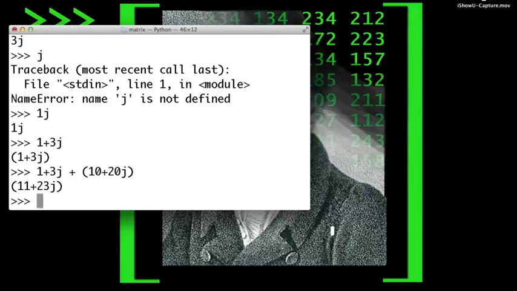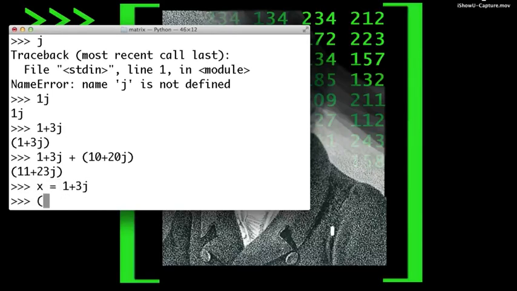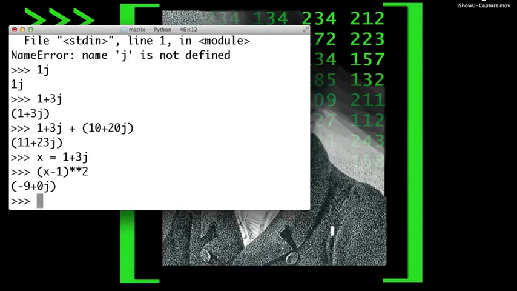Note that adding two complex numbers means separately adding their real parts and their imaginary parts. We can check our solution to x squared equals minus 9. That works out. We can extract the real and imaginary parts of a complex number using a dot notation.